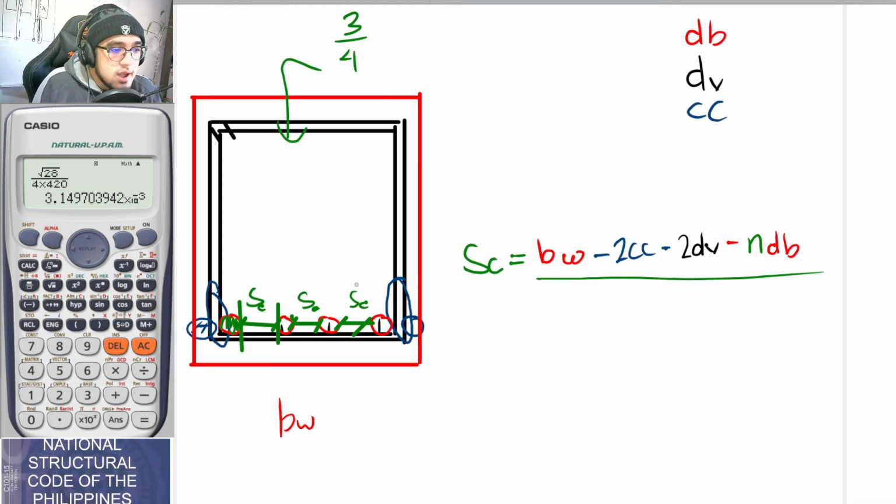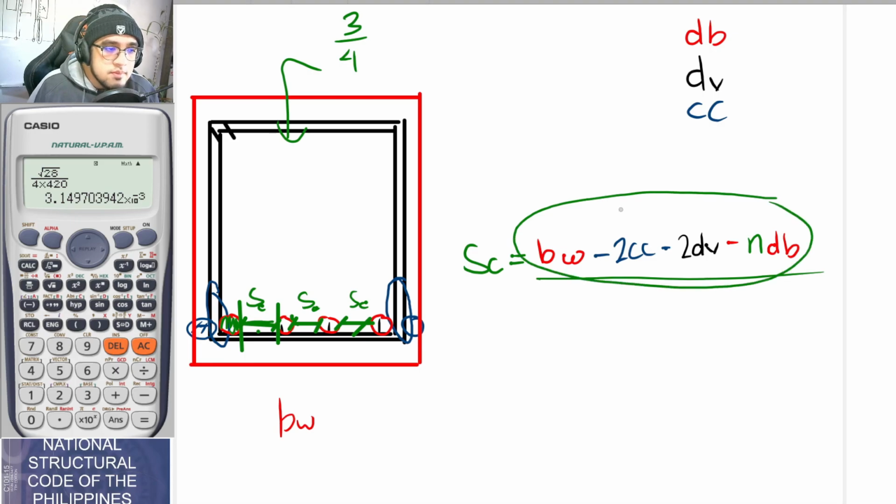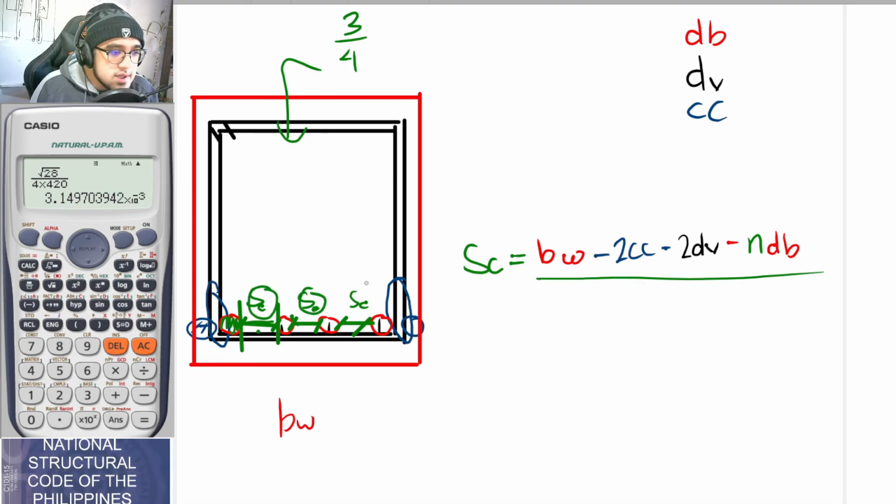Ang natira dyan is to be the total here. Naibawas na natin yung concrete cover, yung shear reinforcement, and yung longitudinal bars. So in this case, guys, meron tayo dito, dito, and dito. So yung total yan is to be the total SC plus SC plus SC. And as you can see, we have 3. So basically, this is to be divided by 3 para makuha natin yung SC.